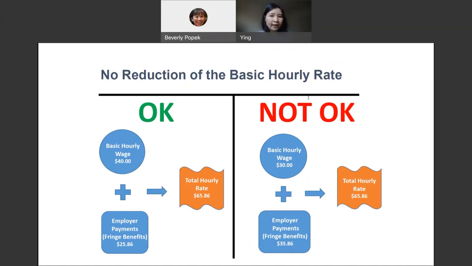But what's not okay is that you're lowering the basic hourly rate to $30, but making it up in the fringe benefit payments. Even though you're still making it up, it is not going to be okay, and it's going to be a violation of the law. So please pay attention to it and make sure that you are paying at least the basic hourly rate to your employees. Next.